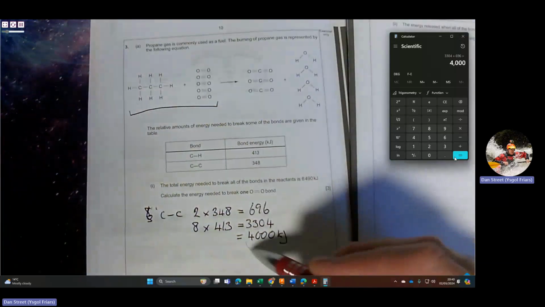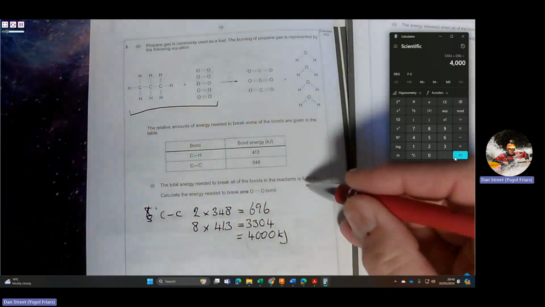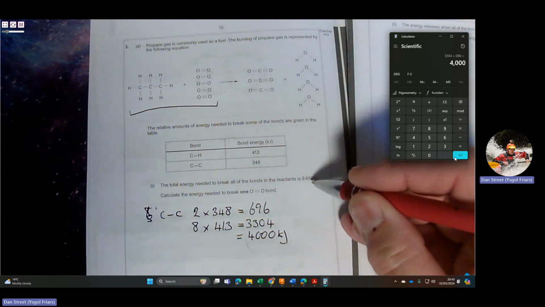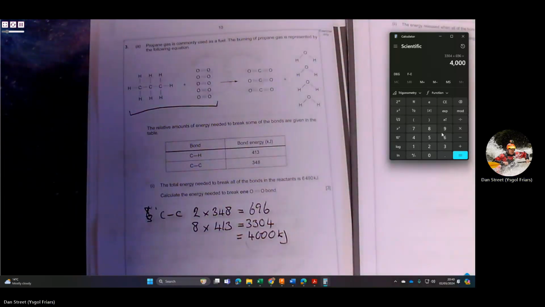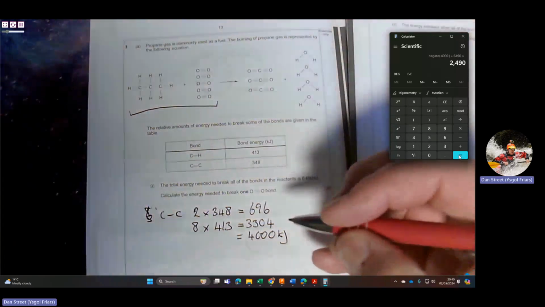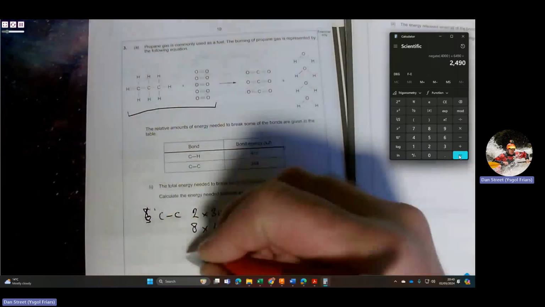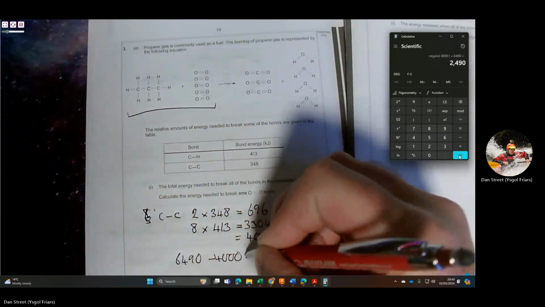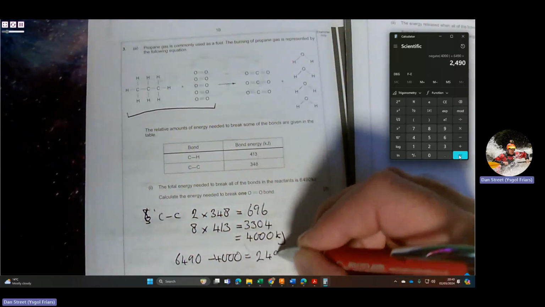Okay, so if we take that value away from this value, we'll get the amount of energy required to break up all of the oxygen molecules. So 6490 take away 4,000 is 2490.